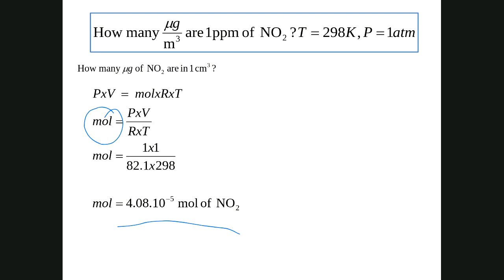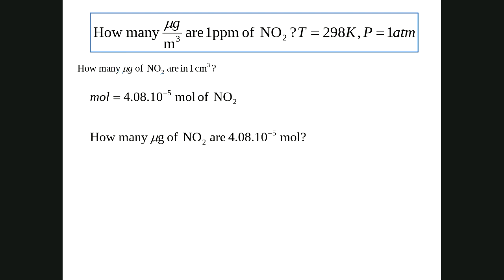So we are one step closer to our goal, which is how many micrograms of nitrogen dioxide you have in 1 cubic centimeter, but not quite there, because moles are not quite micrograms. We need to convert our moles of nitrogen dioxide into micrograms of nitrogen dioxide. And we can do that by using the equation that relates moles and mass.